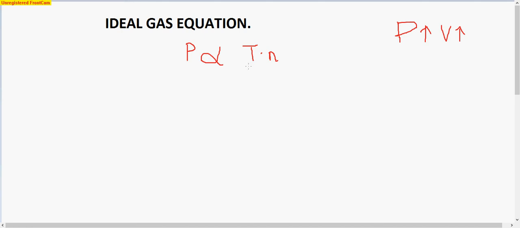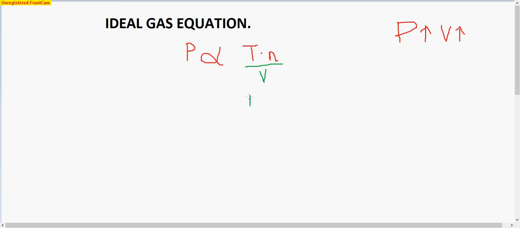Now volume. We know that the equation for pressure is force by area, so it's inversely proportional to the volume. Now in order to make this an equation we need a proportionality constant to be multiplied.